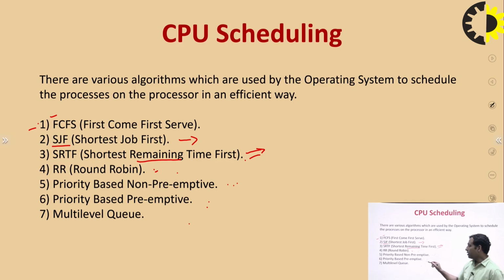In the preemptive approach, if a process is running and a new process arrives with a higher priority than the running process, then the running process will stop, and the CPU will be allocated to the higher priority process. This is the priority based approach.